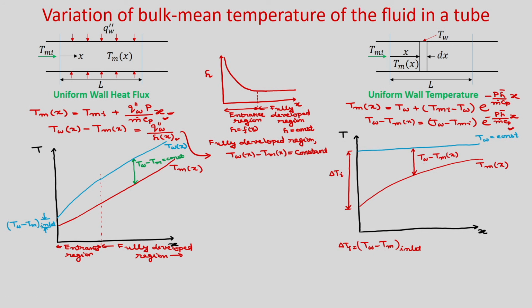Okay. So, in today's lecture we considered two different types of thermal conditions. One is uniform wall heat flux and the other uniform wall temperature, and we have just done the energy balance and we have tried to find what is the variation of mean temperature and the total heat transfer rate from the wall in both the cases.